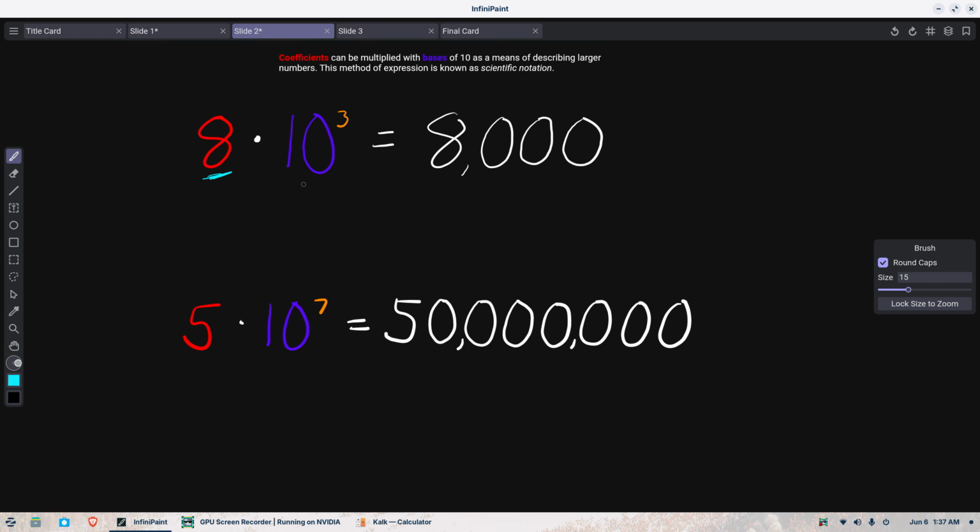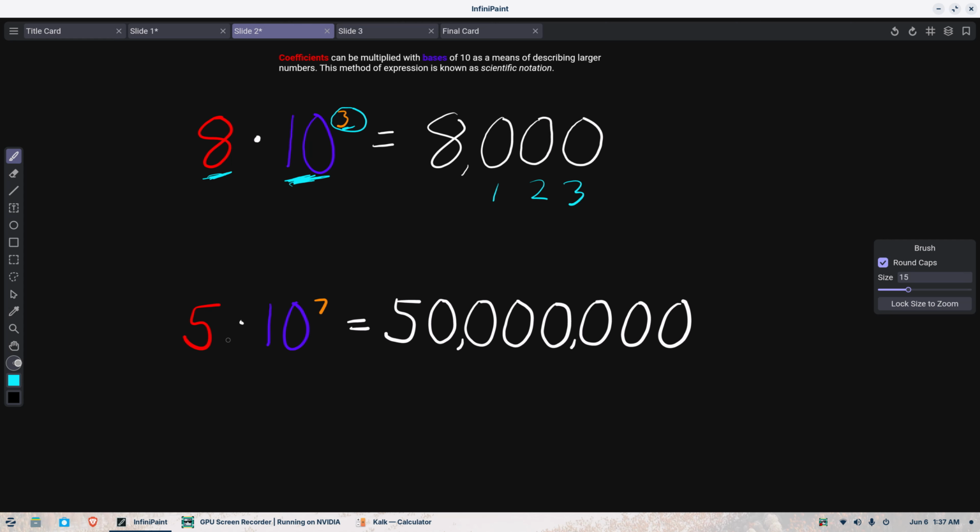We multiply it by 10, but not just 10 by itself. It's 10 being raised to the 3rd power, and you see that we get 8,000. And here too, we also see that we have 1, 2, 3 zeros. This matches the exponent that we have here.